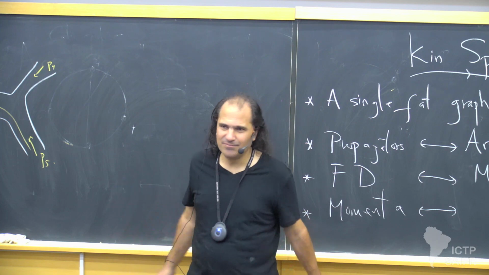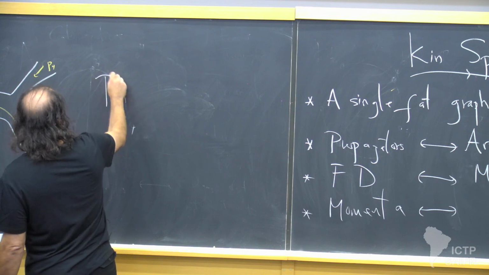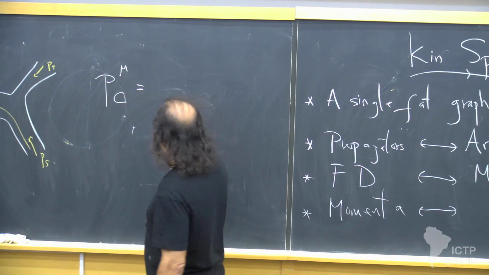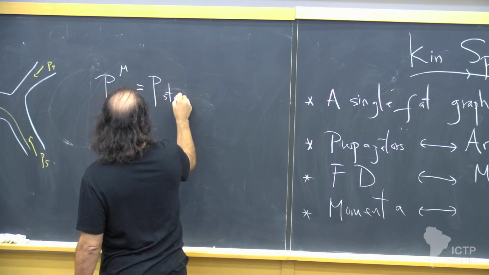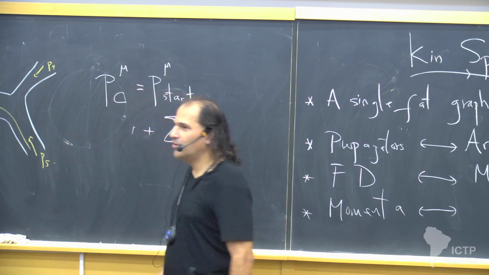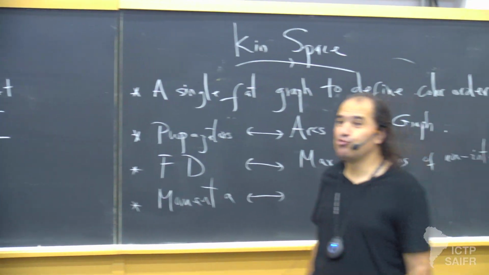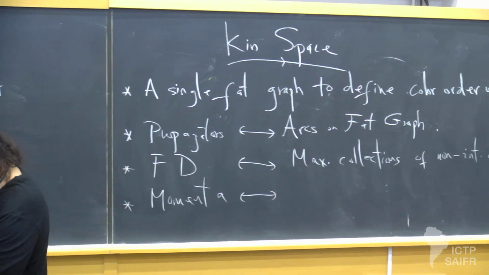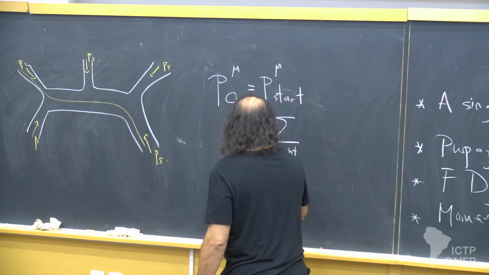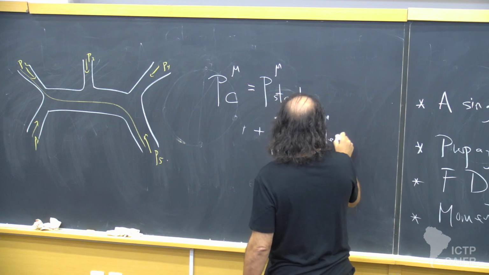You can prove it with a tiny bit of thought, but let me just tell you what the rule is. The curve starts somewhere, so it's P start, plus, you just follow the curve along, and everywhere you make a right turn, you sum over all the momenta that enter from the left.